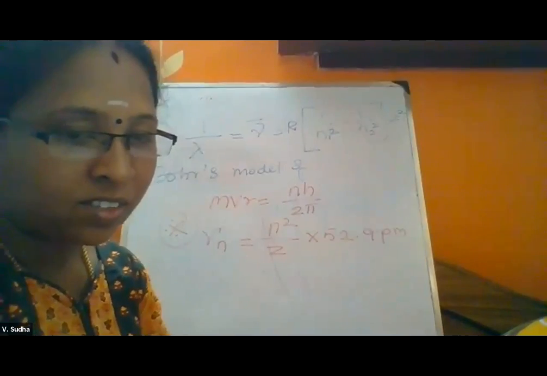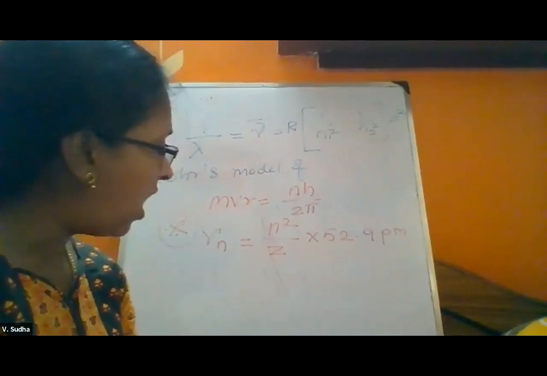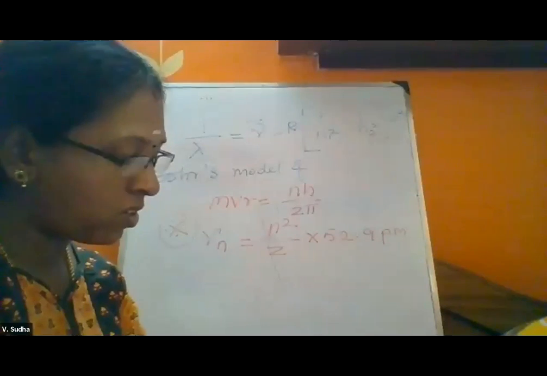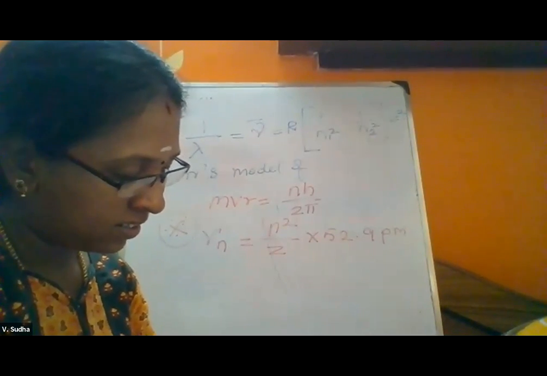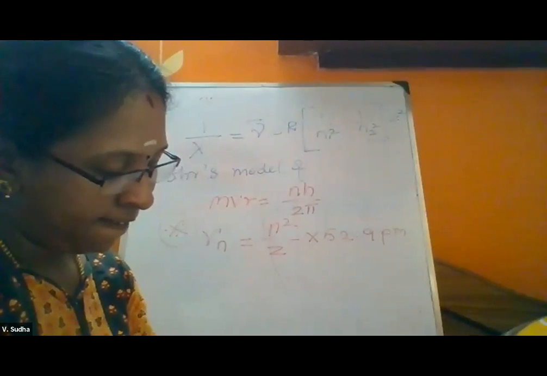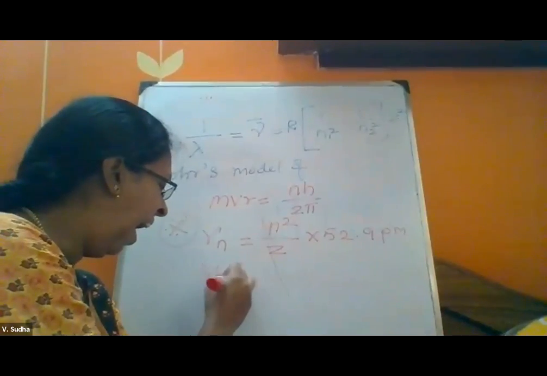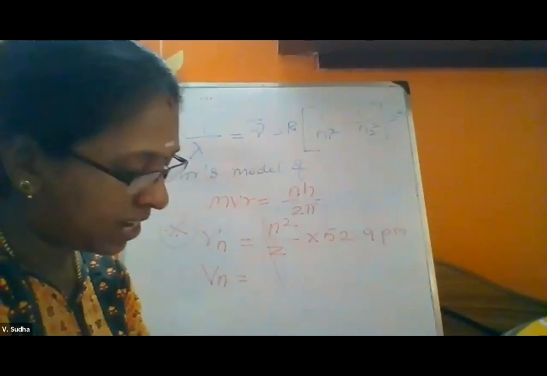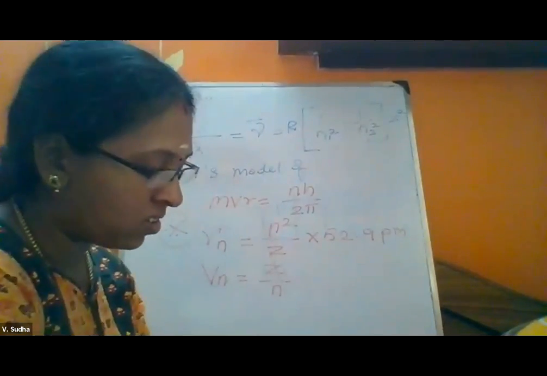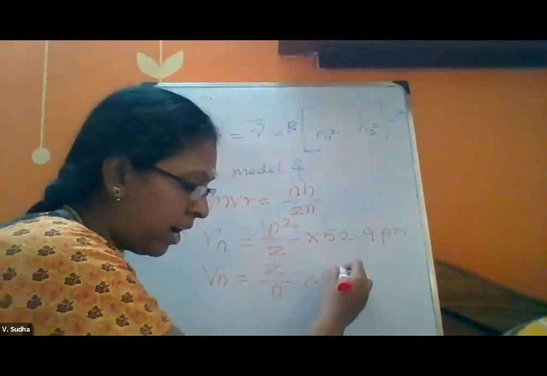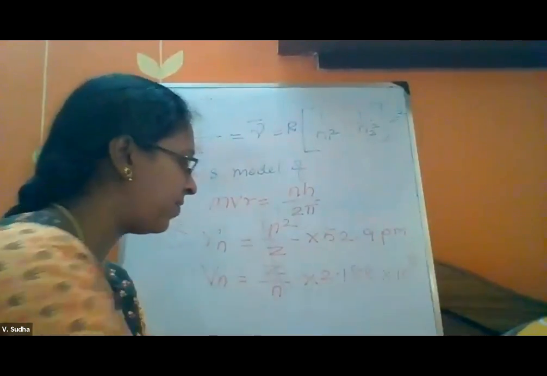Radius of stationary state of hydrogen like species, Rn is equal to n square by Z into 52.9. Next is velocity. Velocity Vn is equal to Z by n into 2.188 into 10 to the power of 8.